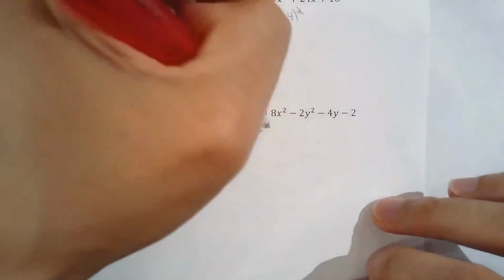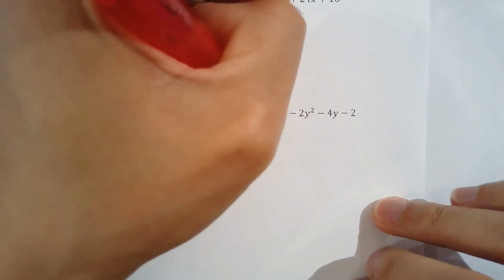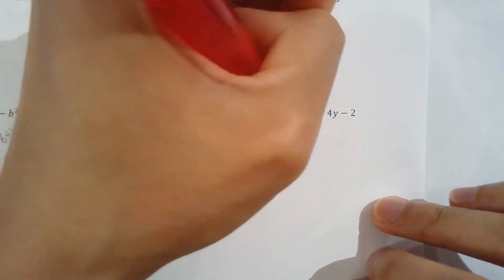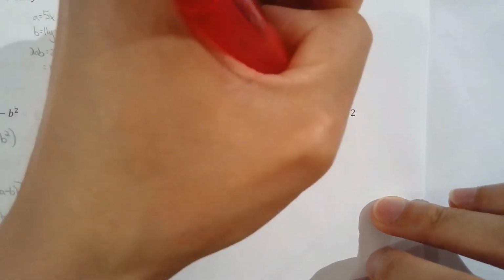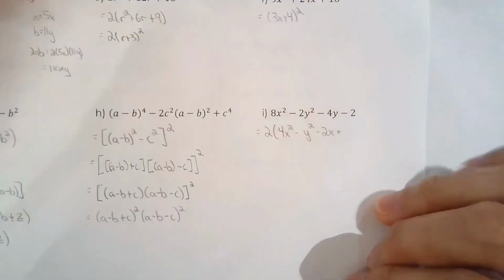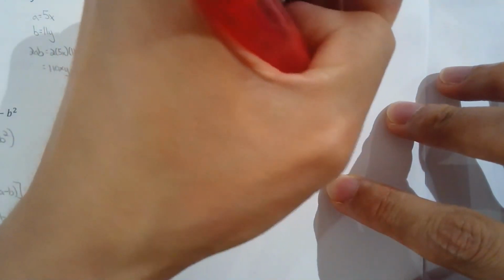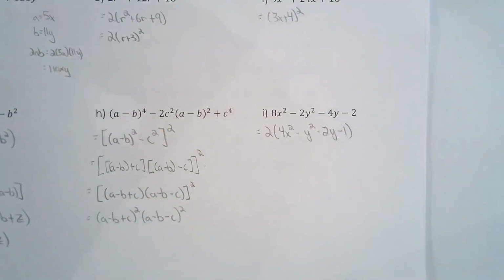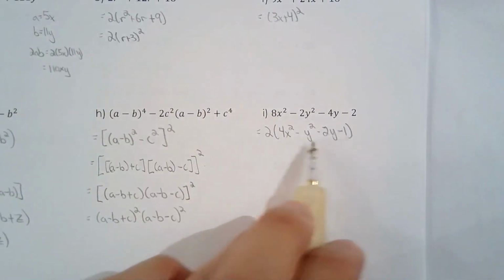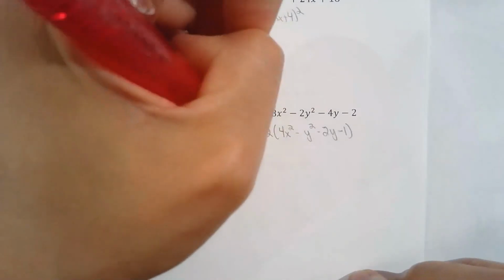Okay, let's do this one here. Right away, I see a common factor of 2. And then I see something else actually. I see that these last 3 terms will make up a perfect square trinomial.